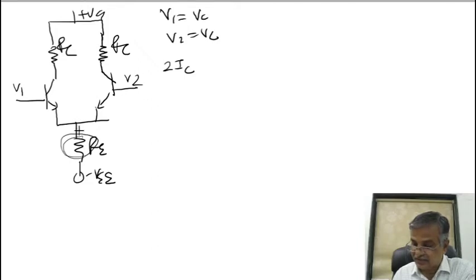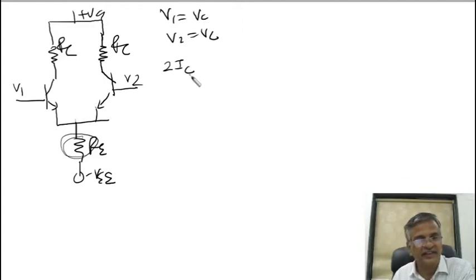Across this, the current passing through this is what? 2IC. I won't write 2IE, I don't mind. You can write 2 into the emitter current. Here I am just writing 2 into IC, the reason being that in your textbook they have used collector current, that's why I am using it.